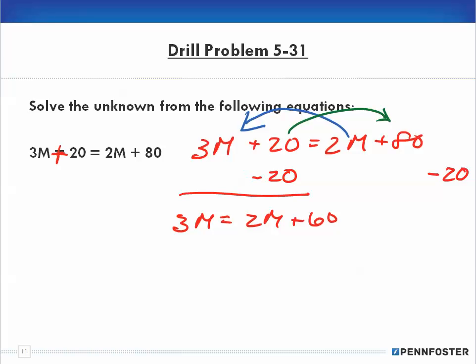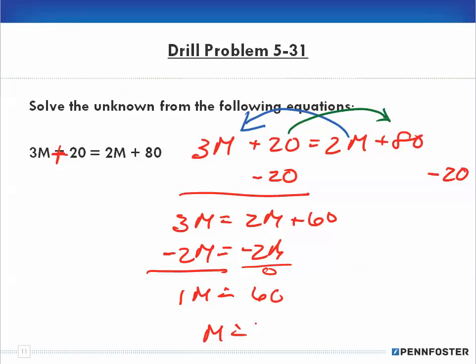Okay, and now I want to get the m's over to the other side, so here's my equal sign, so this is a minus 2m, and I'm going to move the 3m over here and put minus 2m. What I do on the left, I do on the right. Oops, I should have done this instead. And then that gives me 1m is equal to, and then since this is 0, that leaves me with 60. So m is equal to 60.